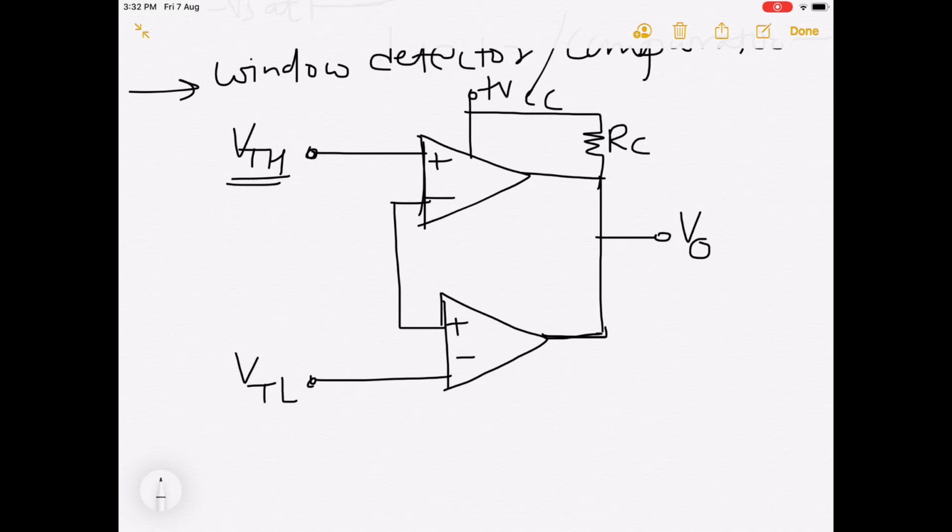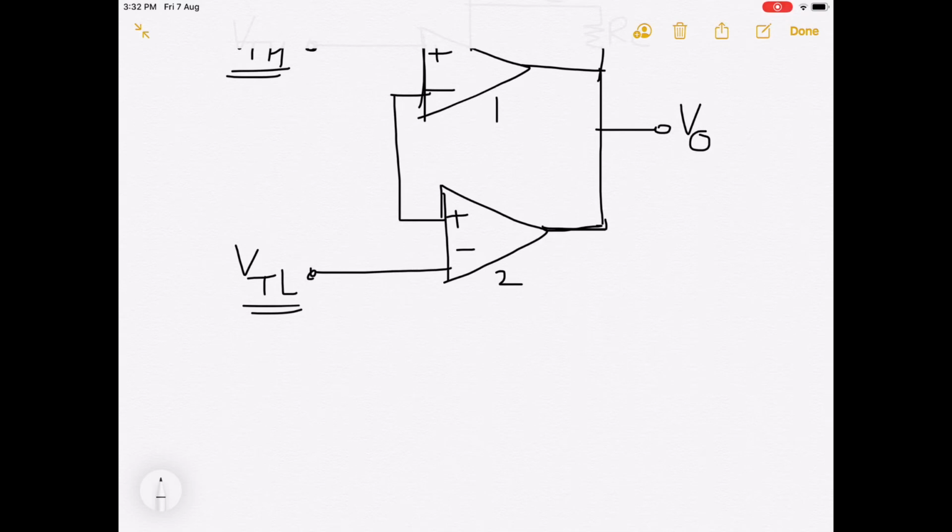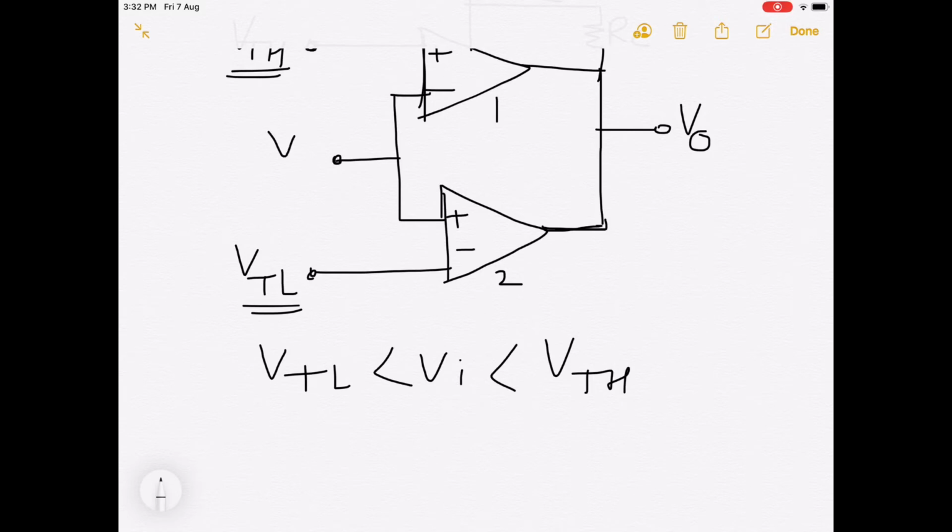So this is op amp 1 and this is op amp 2. The voltage levels are VTH and VTL for the upper limit and lower limit of the window respectively. Then see the figure, VTL is less than VI is less than VTH. That means your VI should be between VTH and VTL. Okay, that is why it is connected here.